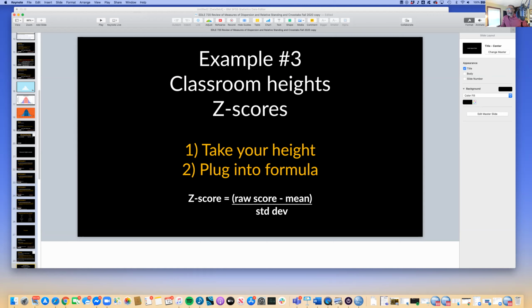But for folk who are showing negative 1.71, that tells me that you're shorter, but you're still within those 3 standard deviations of the mean.